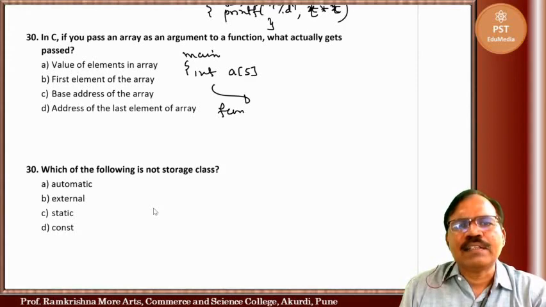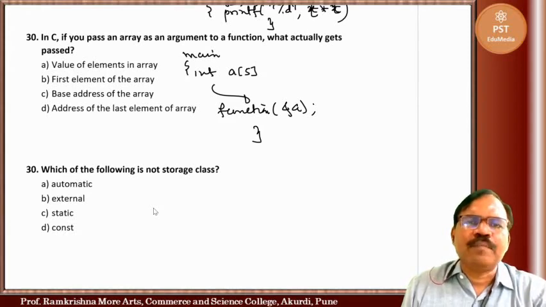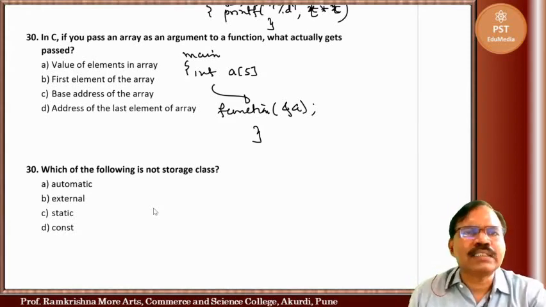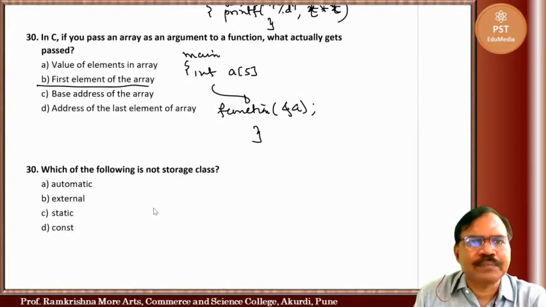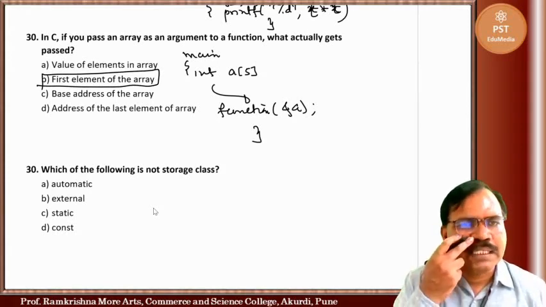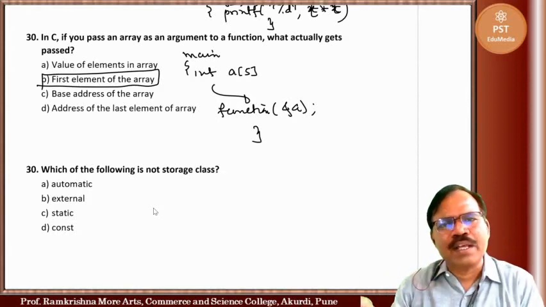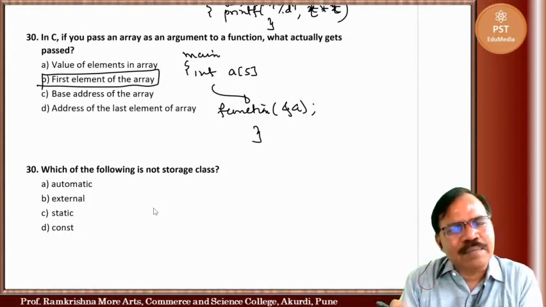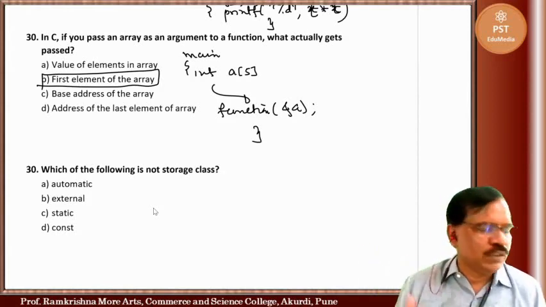So we pass address of that array, means address of first element of the array. Address of first element of the array we pass. We never pass whole array. We only pass address of first element, and then in function we take values from that using that address.